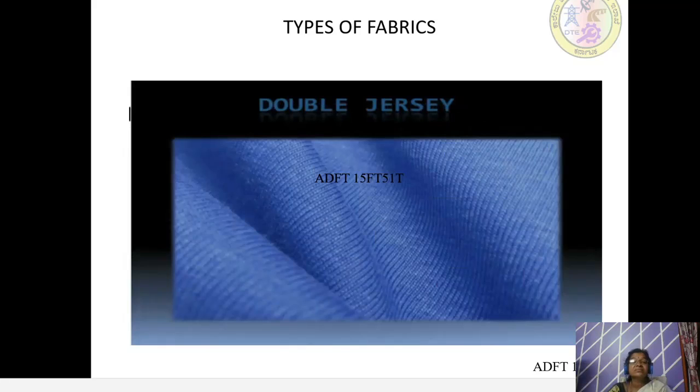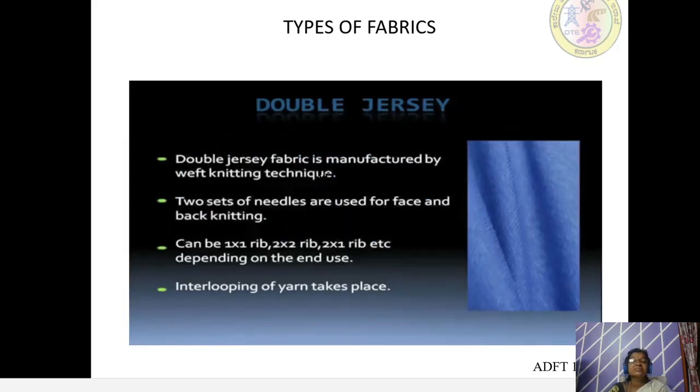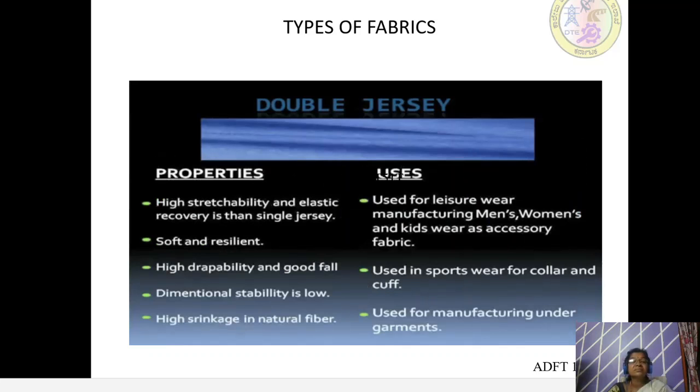Double jersey. Double jersey fabric is manufactured by the weft knitting technique. Two sets of needles are used for front and back knitting. It can be 1-1 rib, 2-2 rib, 2-1 rib, etc., depending on the end use. Interlooping of yarn takes place. Properties: higher stretchability and elastic recovery than single jersey.